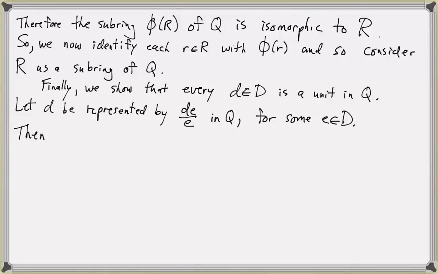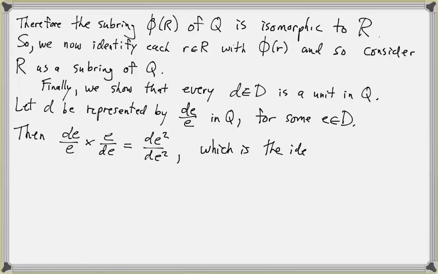Then dE over E times E over dE equals dE squared over dE squared, but this is the identity in Q, since dE squared is an element of capital D because capital D was closed under multiplication.